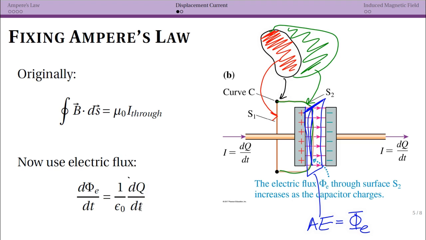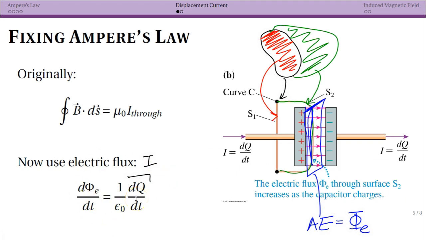So this here is the current, and notice that that would be the current through S1. And so in this case, area doesn't appear because area was also part of our electric field equation, and it's part of our flux. So that's why the area doesn't appear in this version.